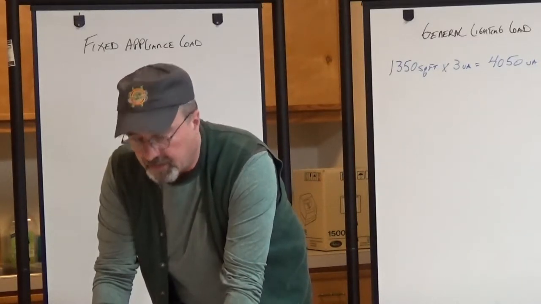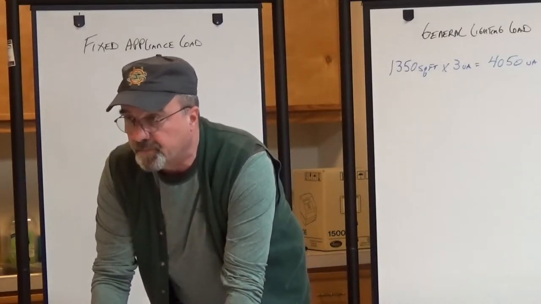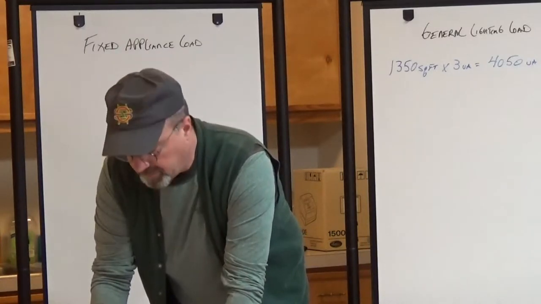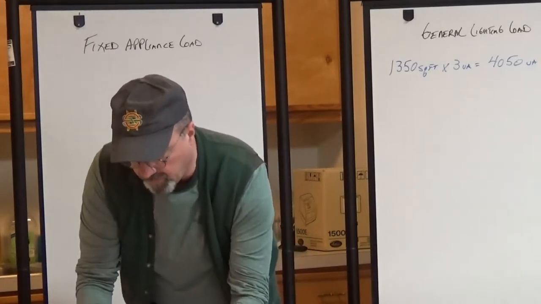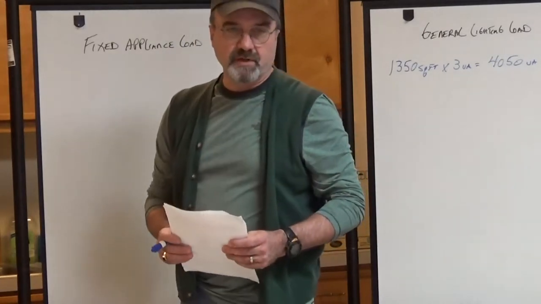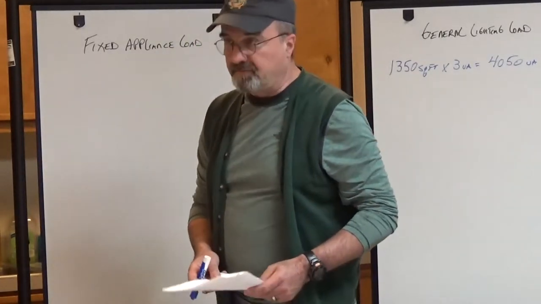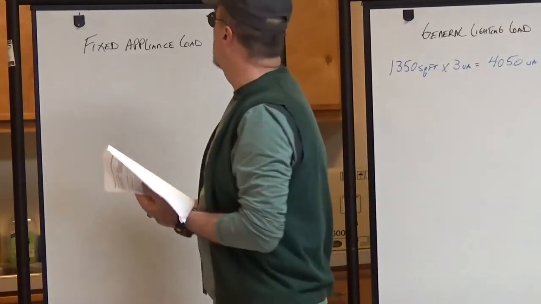That's what we're calculating right now. It's subject to the demand factors provided in Table 220.42. We're going to get to those demand factors in a minute. So the point I want to make is that the code says add 2 small appliance branch circuits to the general lighting load at 1500 VA each.